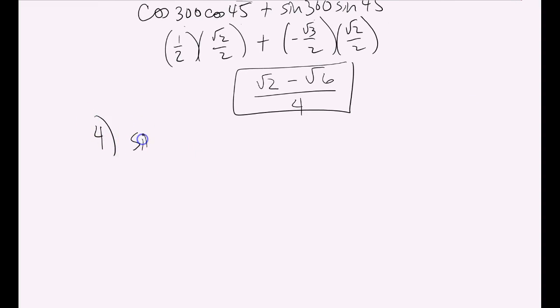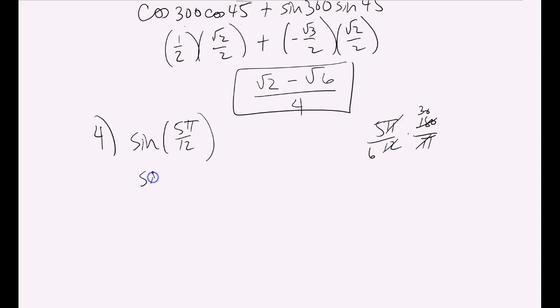Number 4, sine of 5 pi over 12. Okay, I already told y'all I don't like thinking about these with radians. So I would come over here and convert it to degrees. The other way, I need to flip that. Okay, times 180 over pi. Cancel, cancel. That's 6. That's 30.